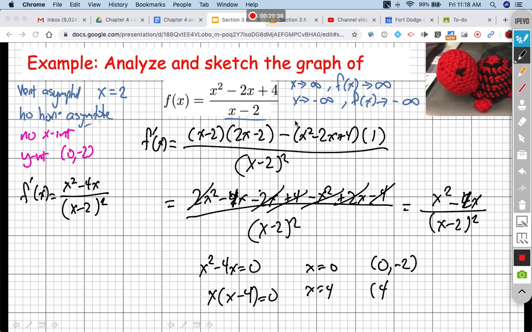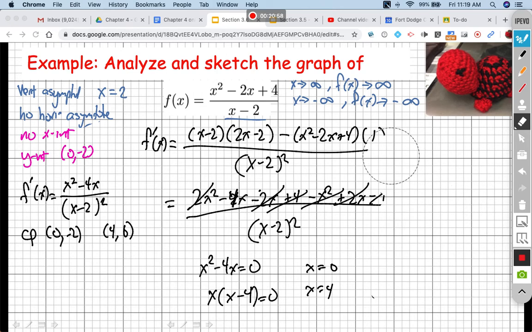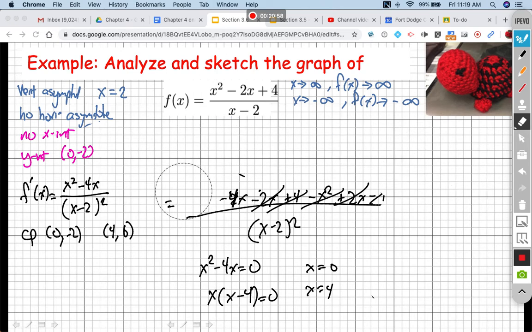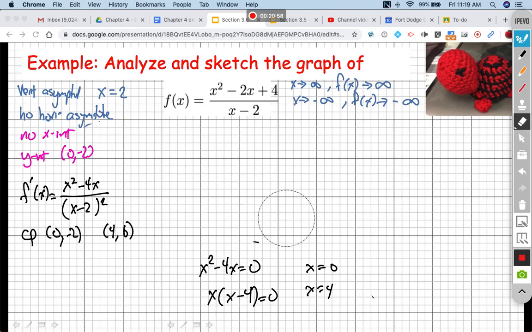There I have 6. So these are my critical points. So I have critical points at 0, negative 2, and at 4, 6. And there's still more we got to do.